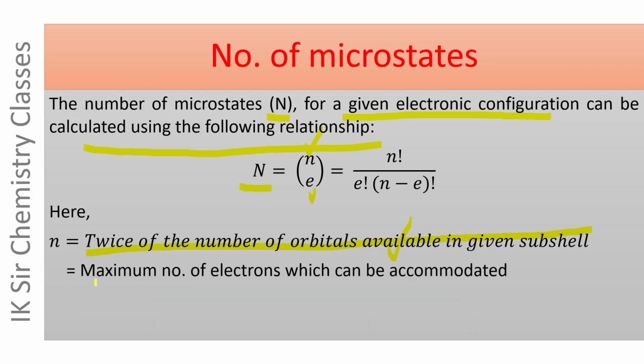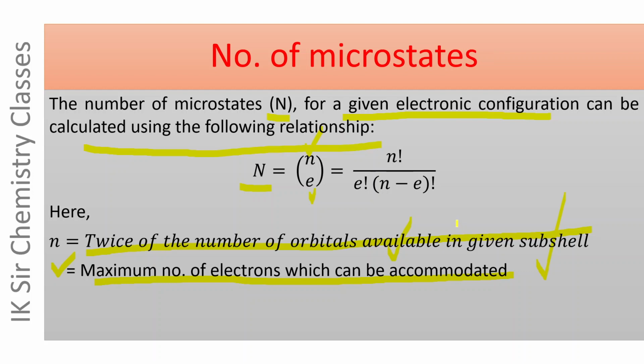That is, n is the maximum number of electrons which can be accommodated in the given set of orbitals. For example, in the p subshell there are 3 orbitals and a maximum of 6 electrons can be accommodated in the p subshell. n is twice the number of orbitals available in the given subshell.